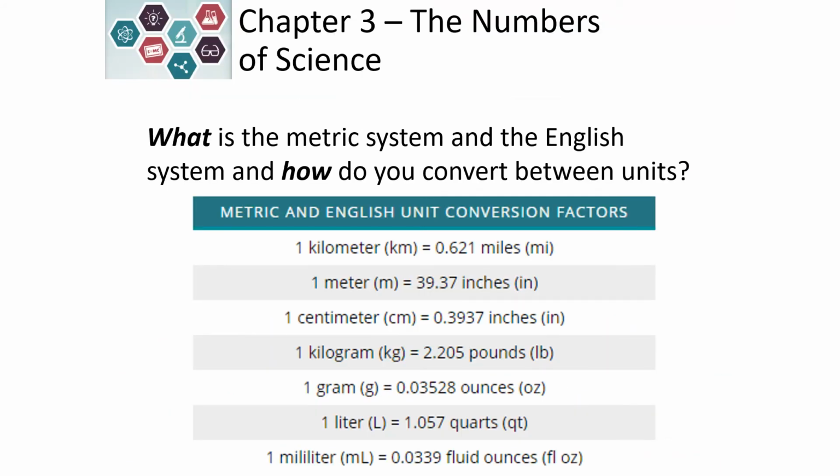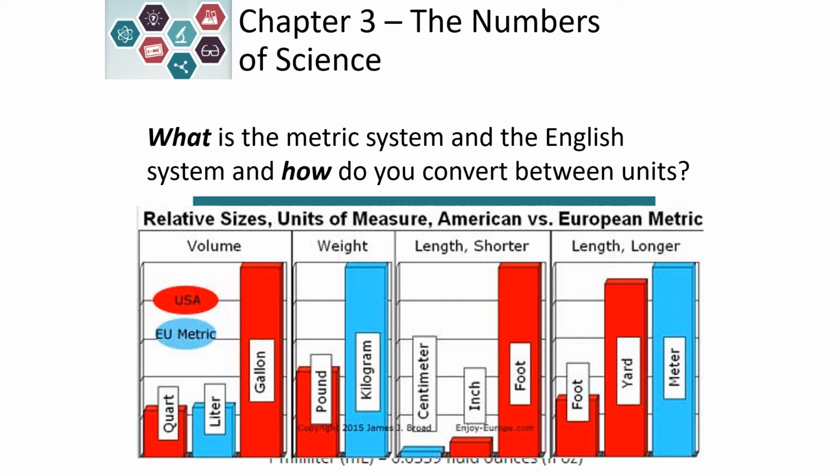We can convert between the English and the metric system. We just need to know some conversion factors. So the table shows us some common factors to convert between our English, which is what we commonly use every day, and the metric system, which is what all of the other countries in the world use. Just to put things in perspective, when we're comparing, a liter and a quart is about the same size.